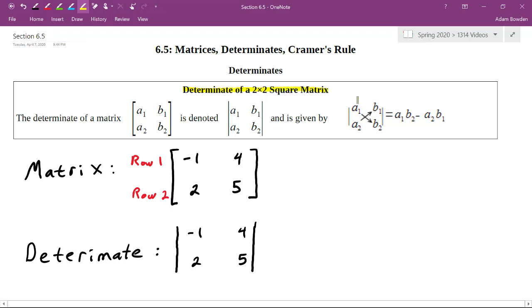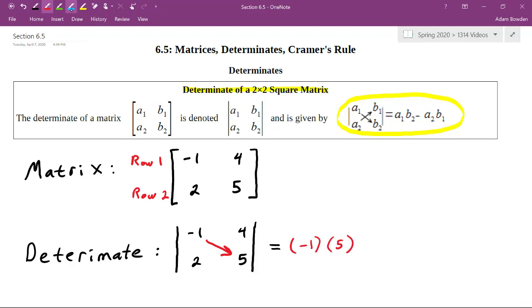So the way we do it is kind of outlined over here. We do this diagonal multiplication to make it work. Let me illustrate it on this determinant here. The first step is to multiply diagonally down and to the right. So multiply those two numbers together, negative 1 times 5.